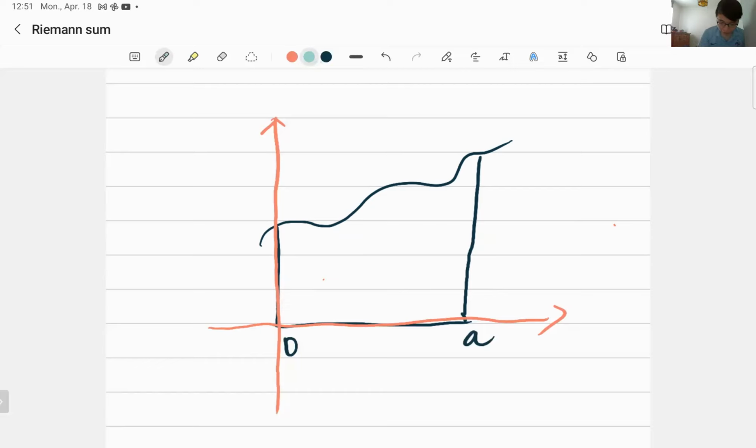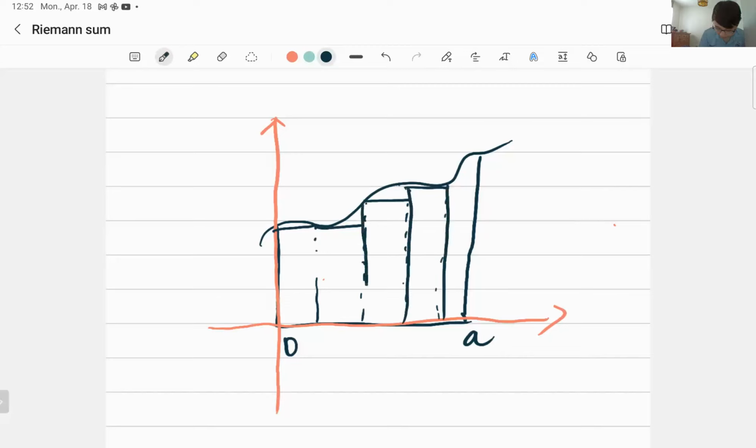So what I want to do is divide this curvy shape into much smaller rectangles, and draw a rectangle for each, depending on which side I'm measuring.